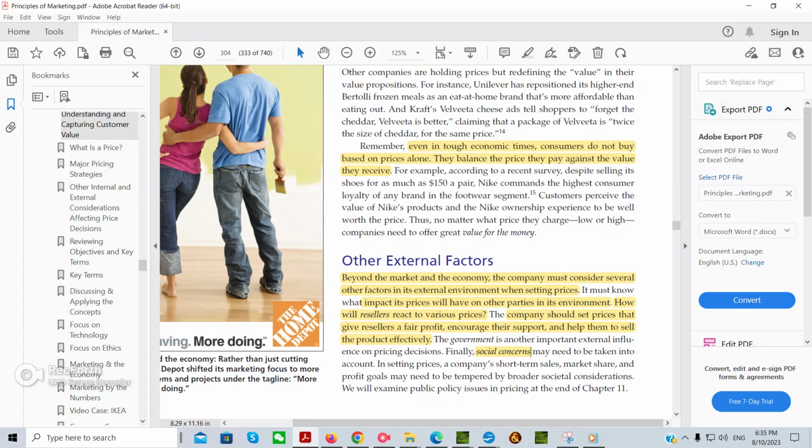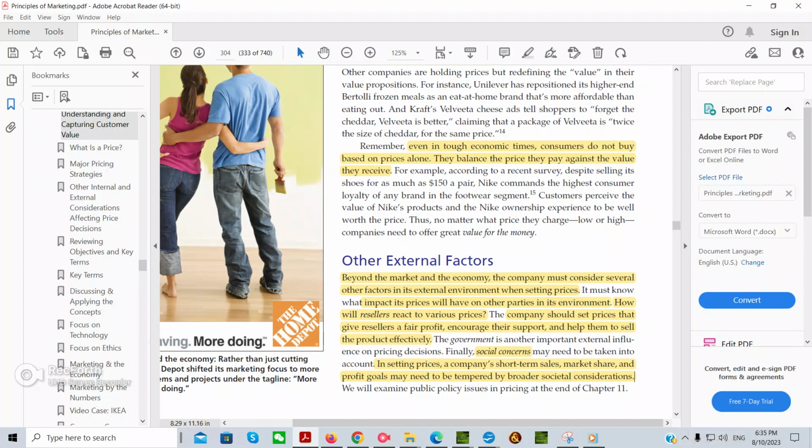And then we also have social concerns. In setting prices, companies' short-term sales, market share, and profit goals may be tempered by broader social considerations. When they refer to social considerations, it's basically the perception and attitude of the consumers in the market.